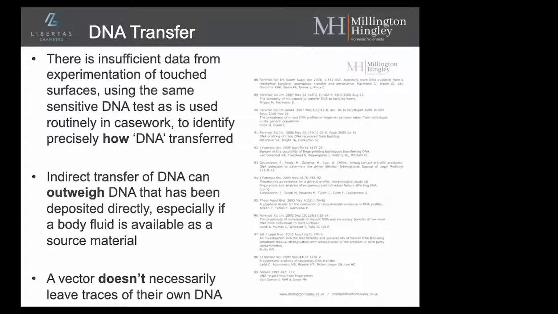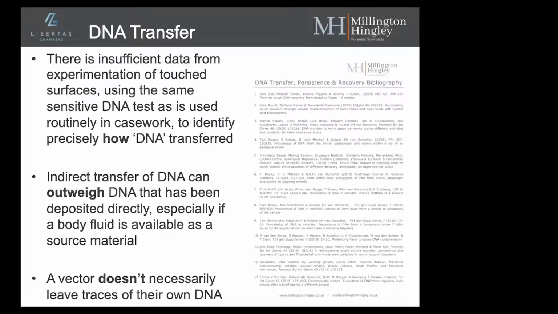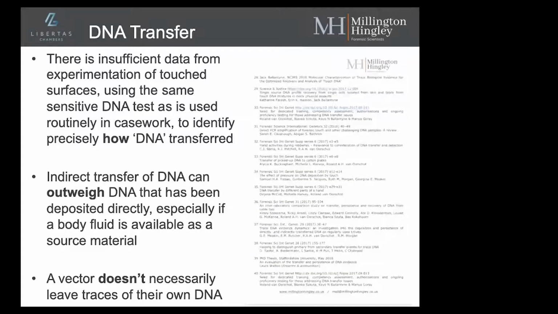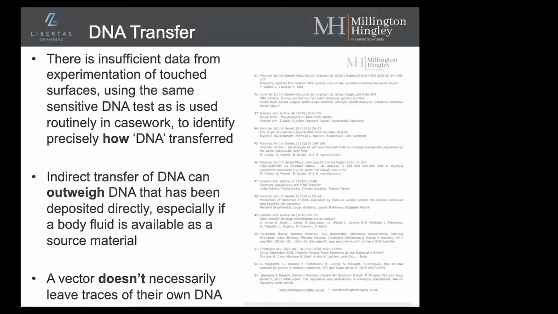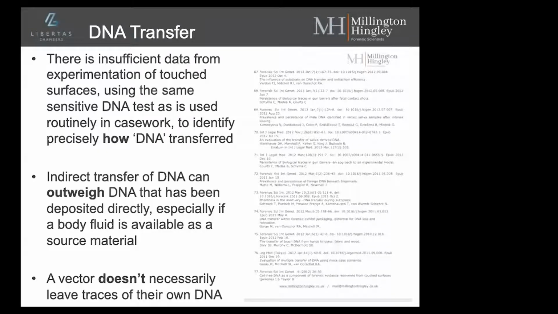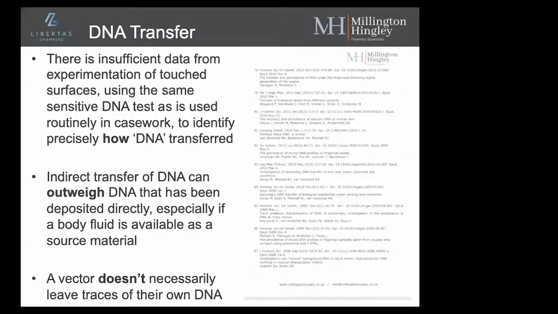The other thing that this research has demonstrated is that the vector, so the thing transferring the DNA, whether that be a person or a surface, doesn't necessarily leave a trace of DNA itself. And this is particularly relevant when we're looking at whether or not someone else could have transferred DNA from an individual.